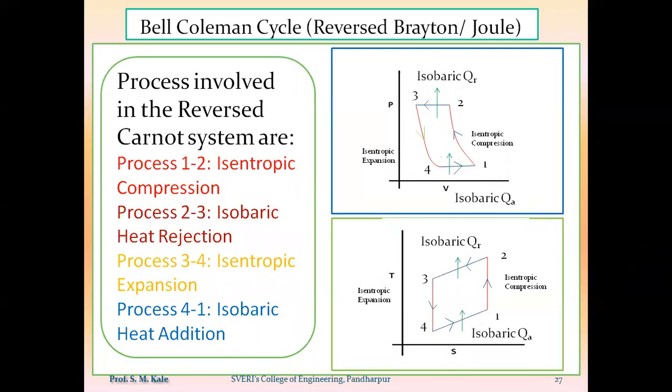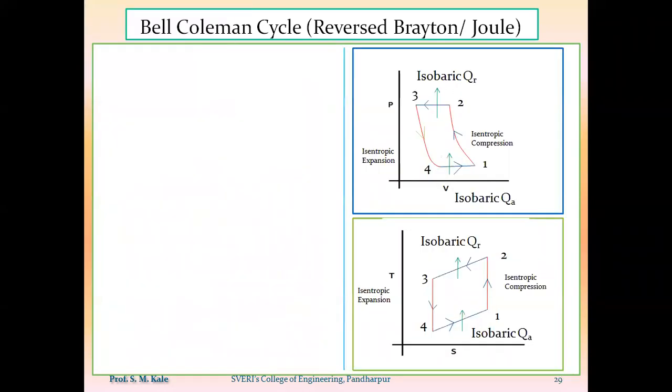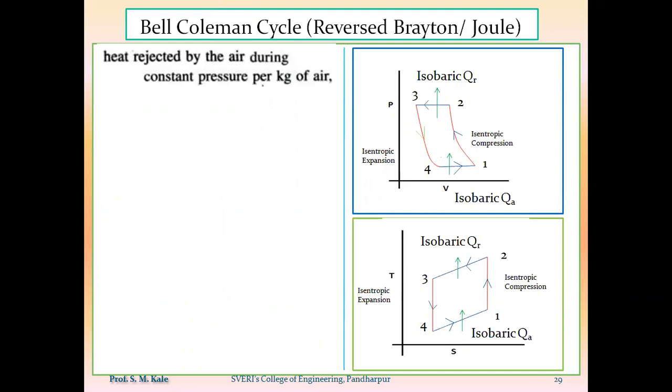Now for what purpose have we drawn the PV and TS diagrams? To calculate the value of COP. We know that COP is given by the formula QA divided by work done, where work done is nothing but QR minus QA. By using the formulas, we calculate the value of QR as well as QA.